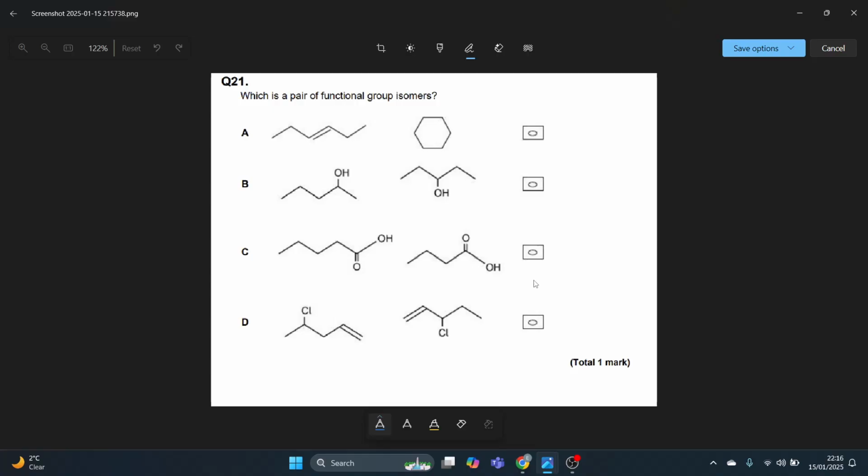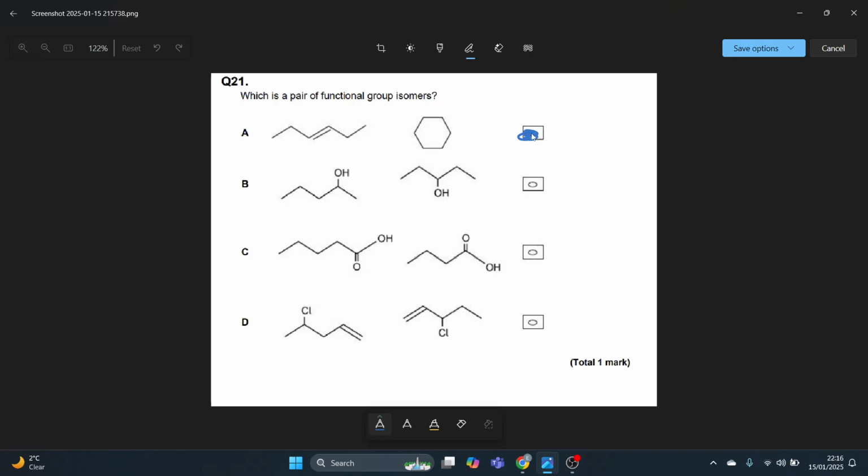The ones about mechanisms and structural isomers, you can jot down on scrap paper and then get the answer, instead of doing it on your exam paper, which is more time consuming. As soon as the exam starts, you just ask for paper. You'll waste maybe 30 seconds, but trust me, you will not regret having that much paper to use. Which is a pair of functional group isomers?